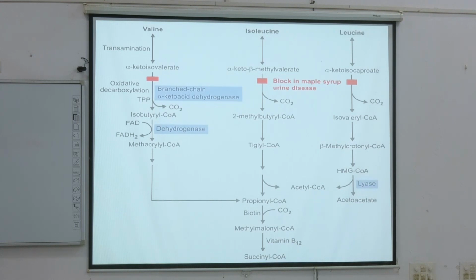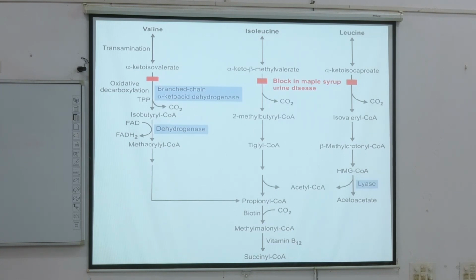This question is put in your exam. What is MSUD? MSUD is a kind of disease related with branched chain amino acid metabolic disorder in which the branched chain keto acid dehydrogenase enzyme is deficient, and due to this the disease is caused. We will discuss it in the next slide.